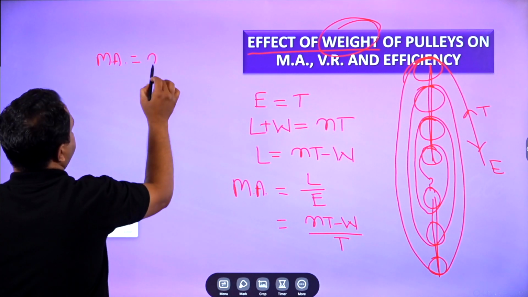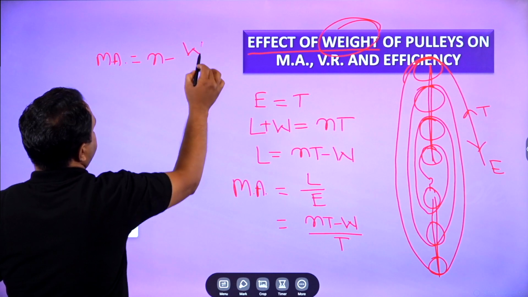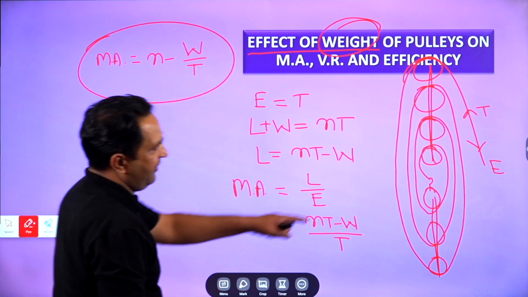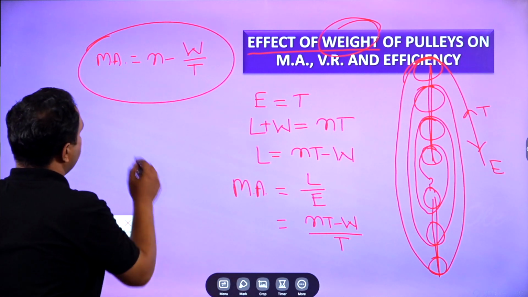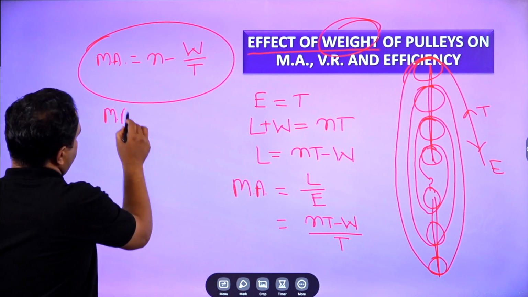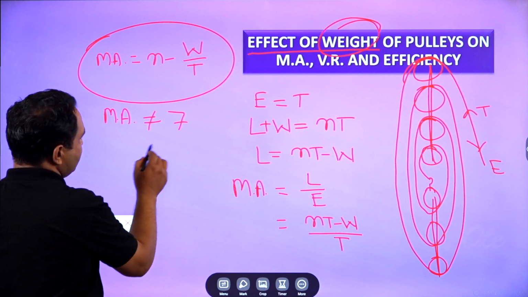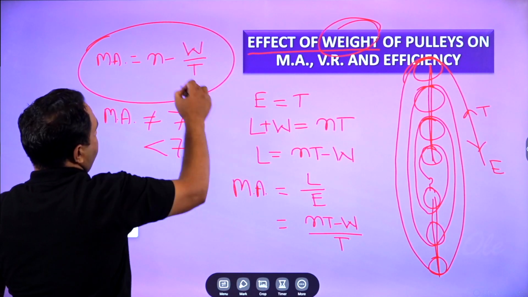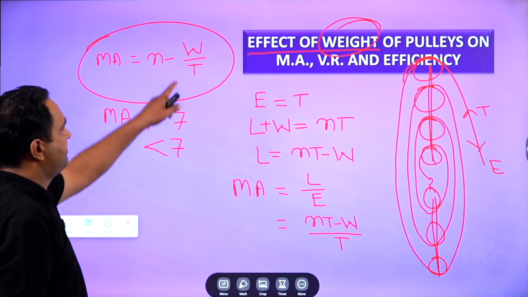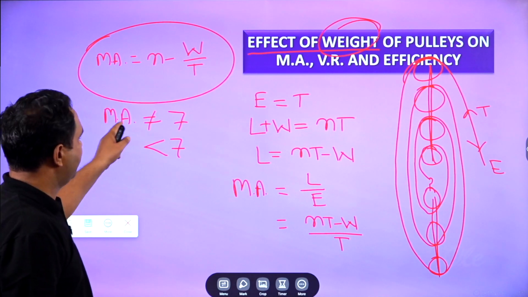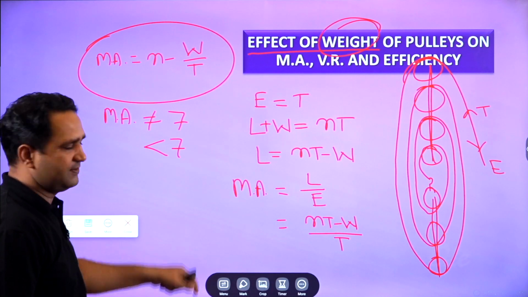N minus W upon T, right? So if here the value of N was 7, then mechanical advantage will not equal 7. It will be less than 7, since W upon T will be subtracted from N. Hence we can see that mechanical advantage will decrease.